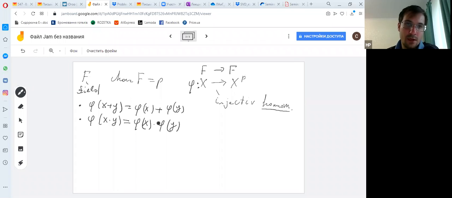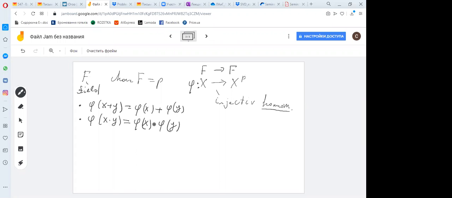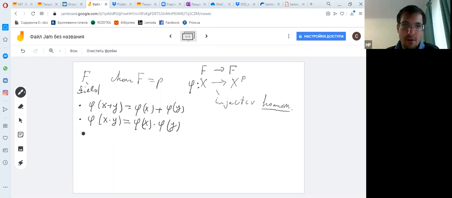And what about phi from 1 equals 1? Yes, let us say it, but the first two imply the third.